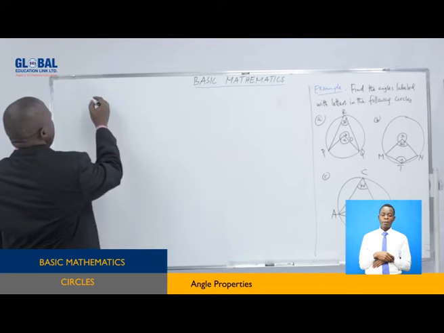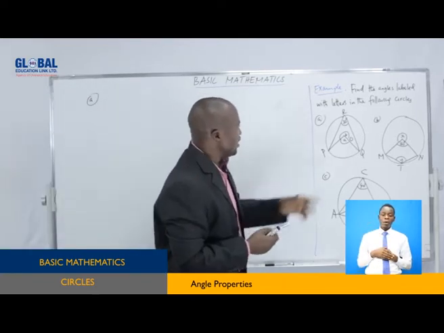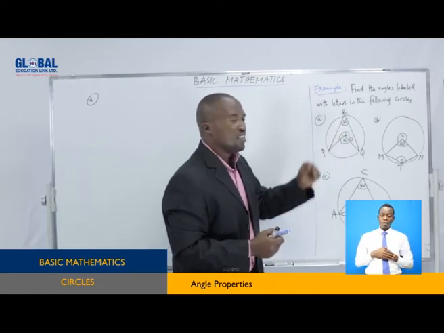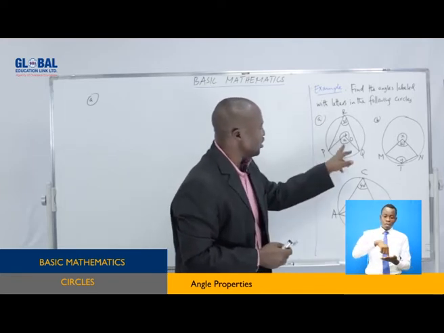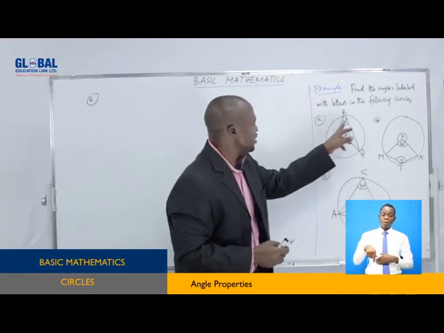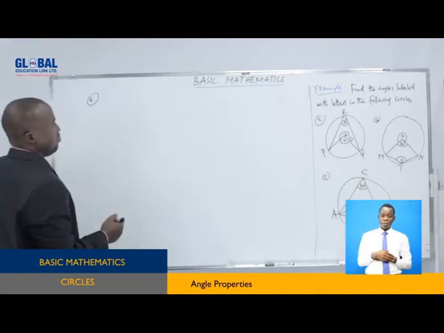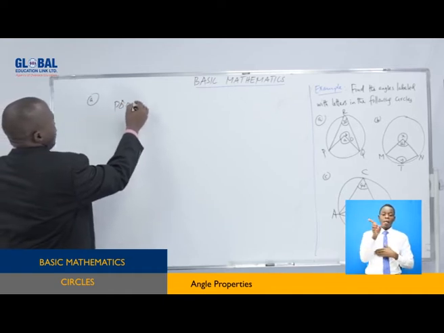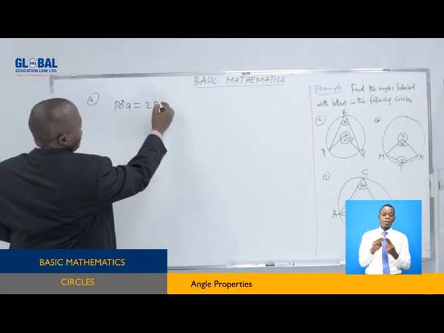Now for A, there are some angles at the center, that is A and B are the angles at the center, while that is the angle at the circumference. Now in this case, remember, angle at the center is double angle at the circumference. Now in this case, we say POQ is equal to twice PRQ.